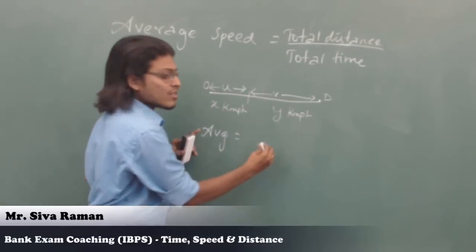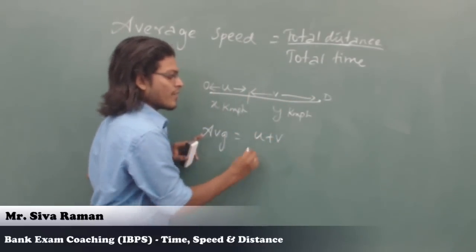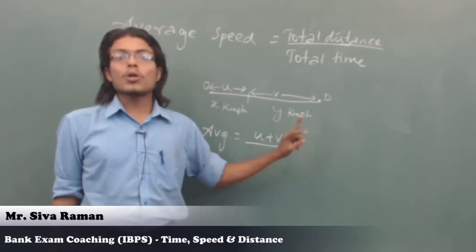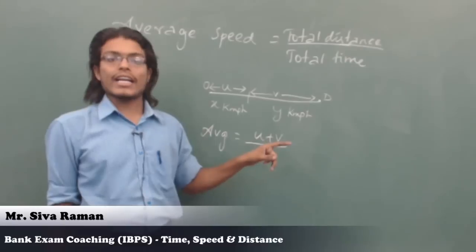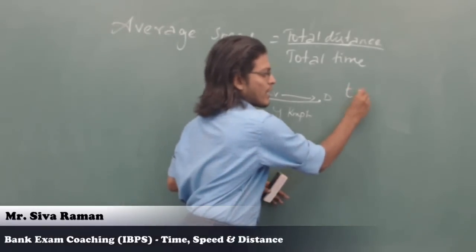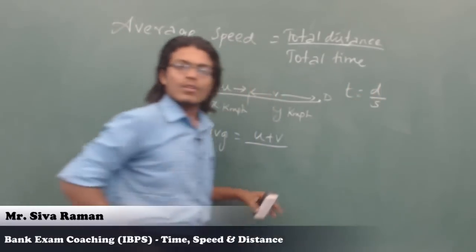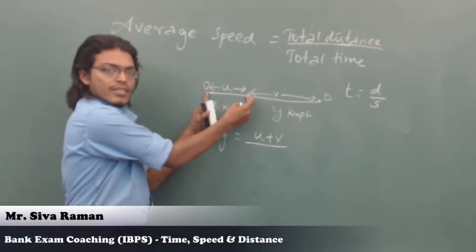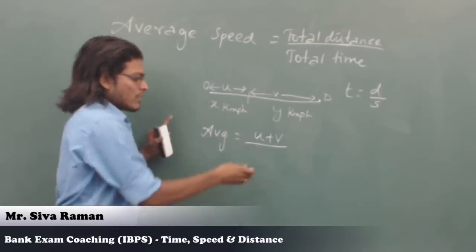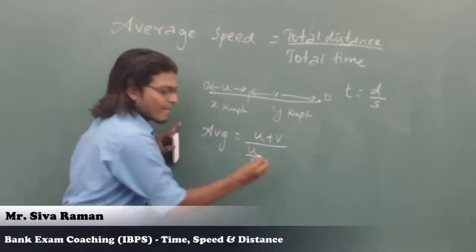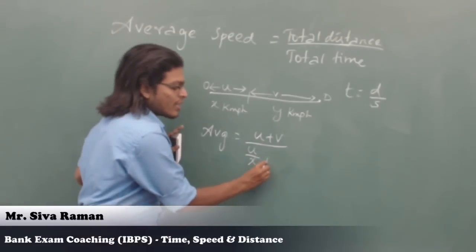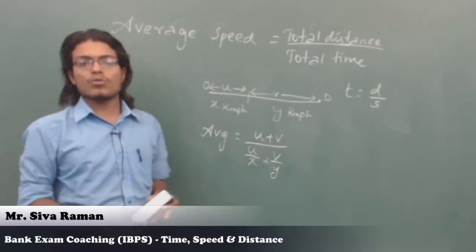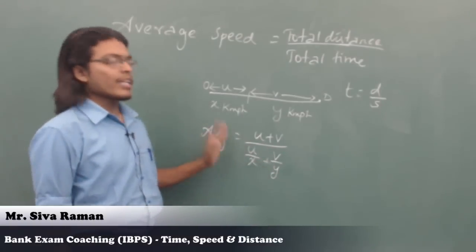The total distance is u plus v divided by, is there any time given? No, time is not given directly, but you can calculate time. We know that time is equal to distance divided by speed. So for this journey, the time taken is distance divided by speed. For the other part of the journey, it is distance divided by speed. So this is how we will calculate the average speed.